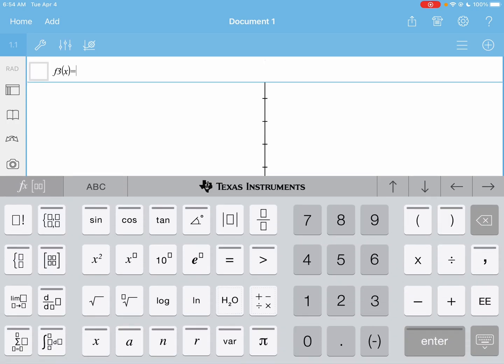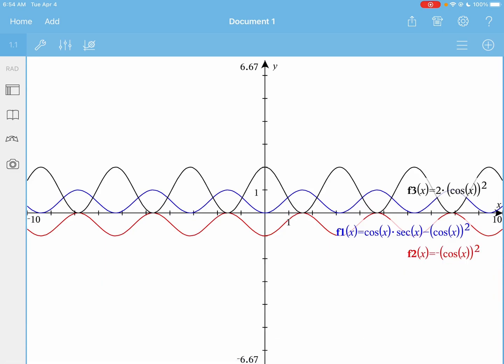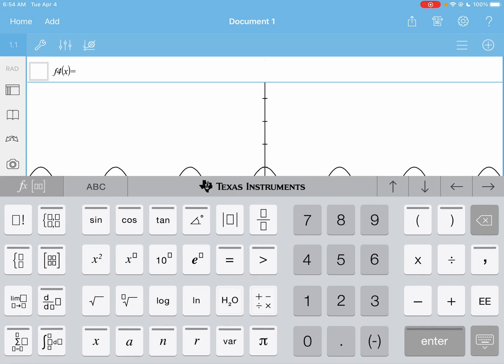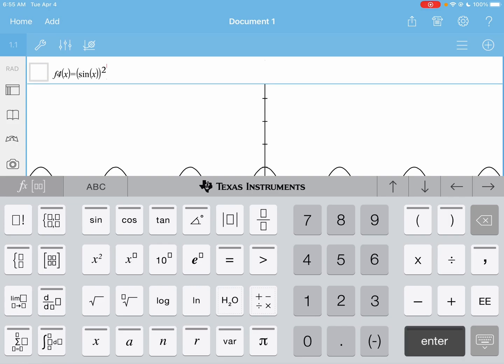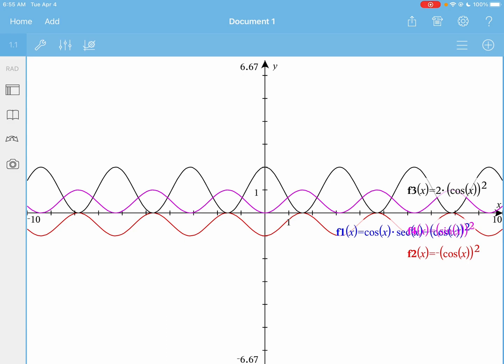I go to my next equation, 2 parentheses, cosine x, close, close, squared. That did not cover it. I go to the next one, so it's sine x, or sine squared x, so parentheses, sine x, close, close, squared. And I see that the purple graph did cover my blue graph, and that's how I know it's my answer.